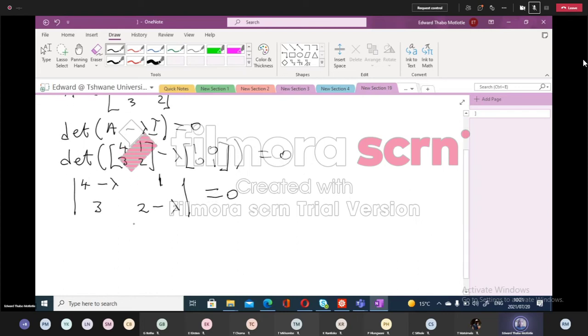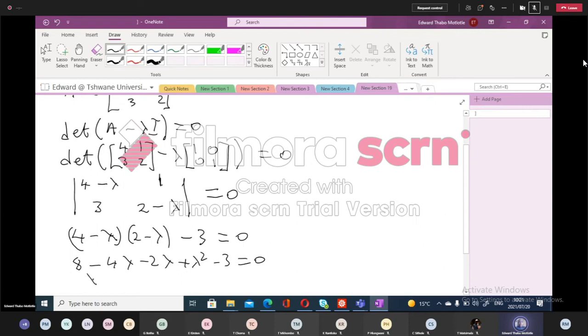Now this is the normal determinant that we have been determining. So it's 4 minus lambda multiplied by 2 minus lambda minus 3 equals 0. So this is a quadratic. So let's solve. 2 times 4 is 8, minus 4 lambda, minus 2 lambda, plus lambda squared, minus 3 equals 0.